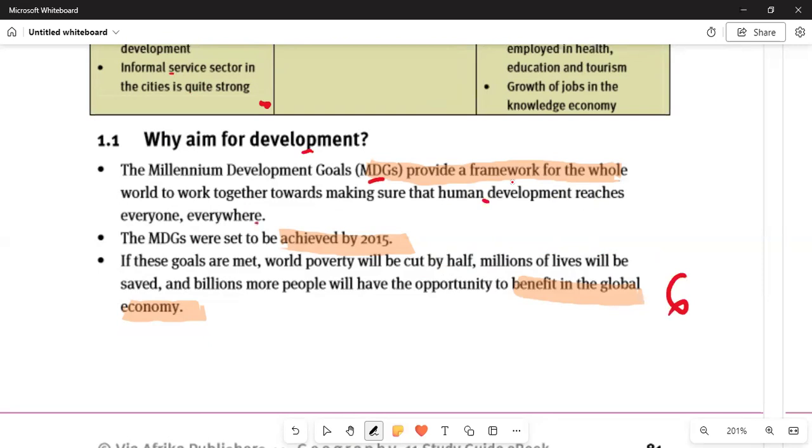And then number 2, we need also to understand that the MDG, the Millennium Development Goals, were set to be achieved by 2015. And then we are saying if these goals are met, world poverty will be cut by half, millions of lives will be saved, and billions or more people will have the opportunity to benefit in the global economy, and that it can be for 6 marks as I've stipulated it there.